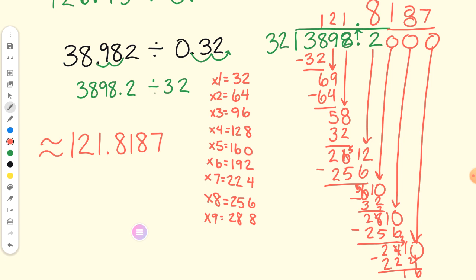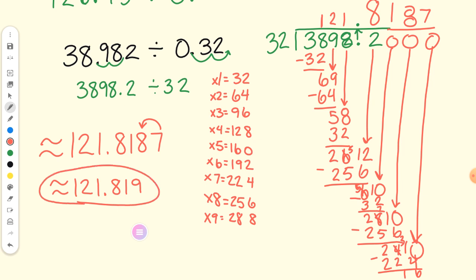Round it. Okay? Stop at 4. Round it to 3. Would that 8 stay an 8 or go on up to a 9? It would go on up to a 9. Okay, and again, that is a 100% perfectly okay answer.